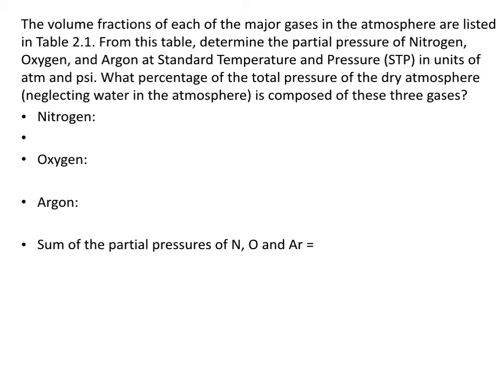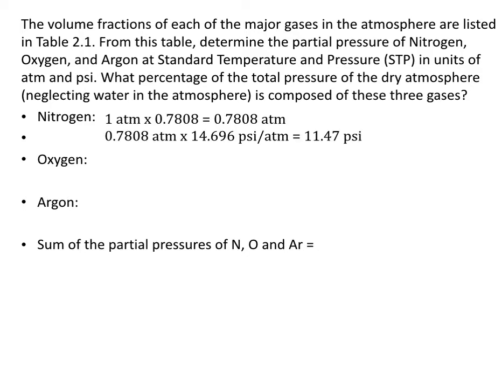Let's recall the volume fractions of each of the major gases in the atmosphere as they were listed in Table 2.1. For nitrogen, if the total pressure of the atmosphere under standard conditions is 1 atmosphere, the fraction value of nitrogen in the atmosphere is 0.7808, or about 78%.